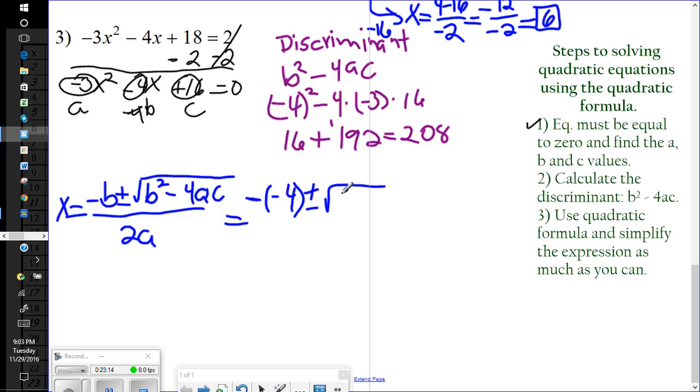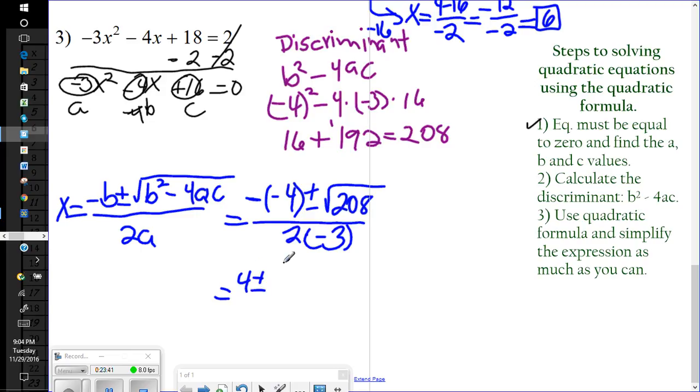My discriminant is 208, so that's 208, divided by 2 times a. In this problem, the a value is negative 3, so I should put negative 3, and because the number is negative, it must be in parentheses. Two negatives will make the 4 a positive 4, plus or minus.